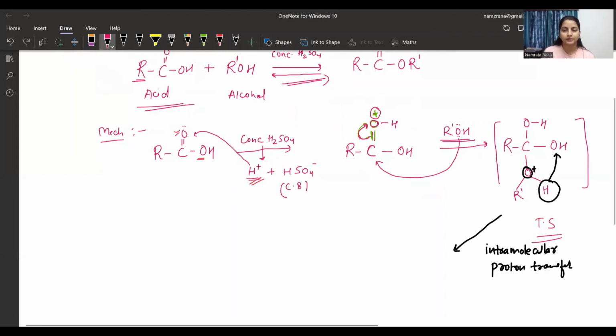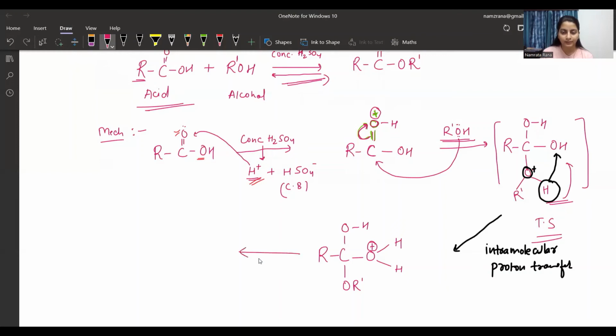Consider this step, please. You will get R, C, OH was already here. Now this oxygen, H was already here. This H has been shifted towards this oxygen, forming this oxygen as positive charge and this group as this.